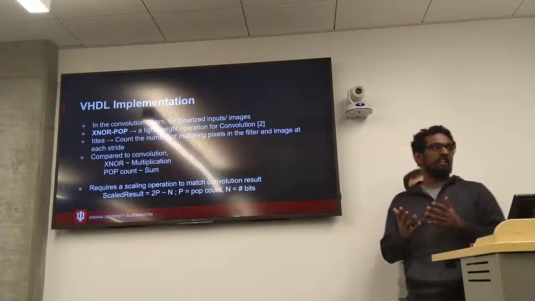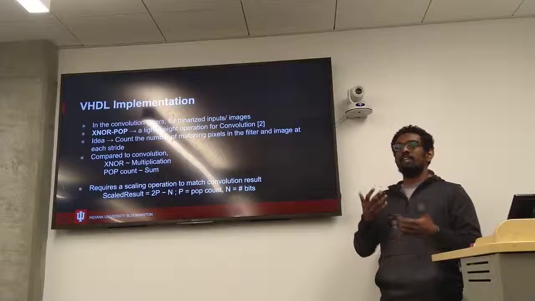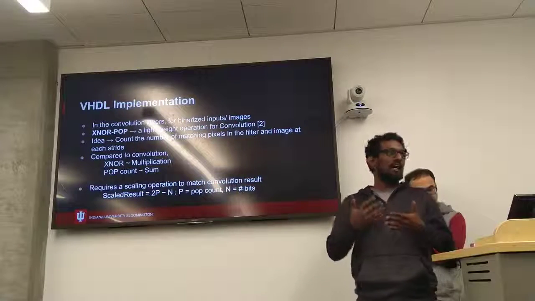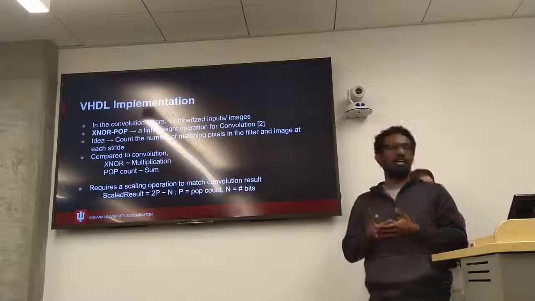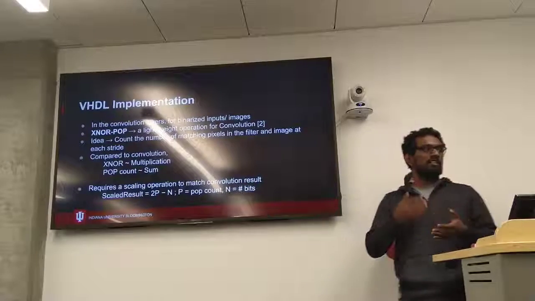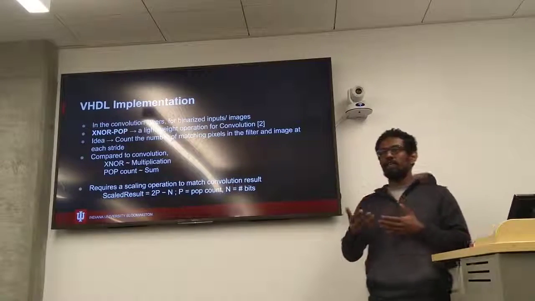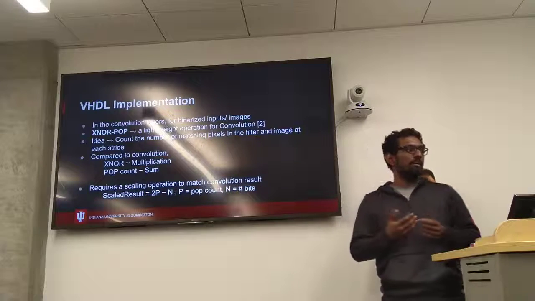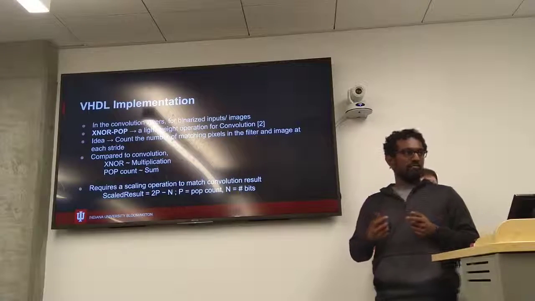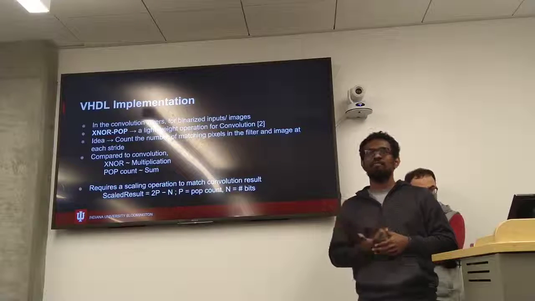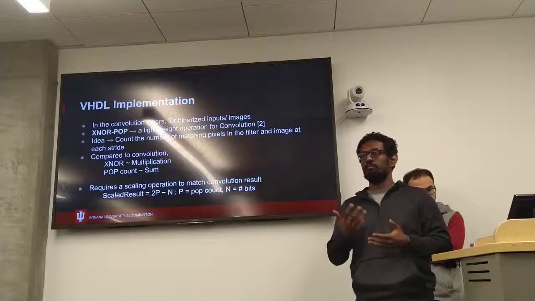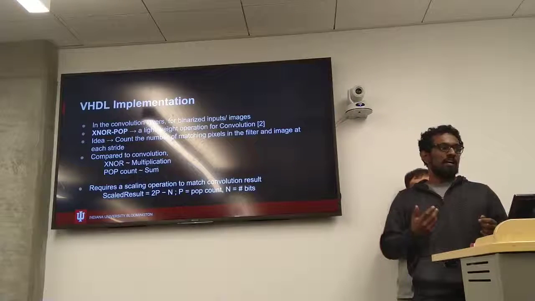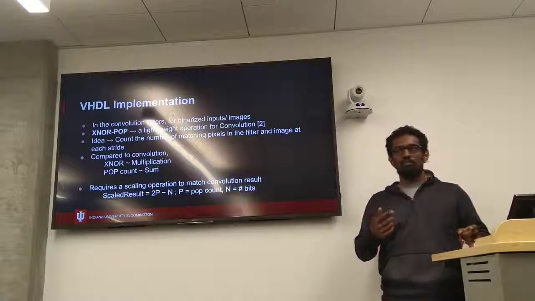The XNOR gate gives an idea of the matching pixels between the filter and the image at each stride. The XNOR would give the multiplication, and the popcount would give the sum. For the actual result, we would need to do a small scaling operation, which would still be an integer operation for the whole convolution.